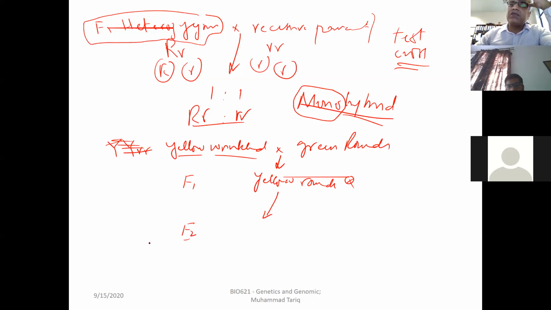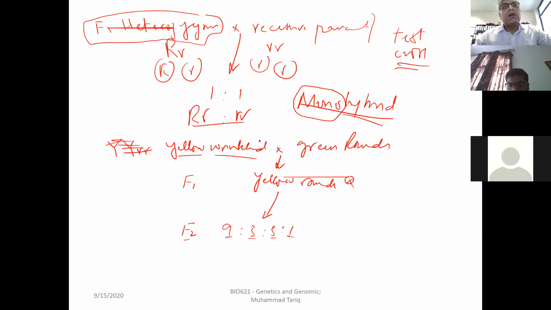And in F2, he found a phenotypic ratio, which is famously known as the 9:3:3:1 phenotypic ratio. So 9 were yellow round, 3 were yellow wrinkled, 3 were green rounds, and 1 was green wrinkled. Okay.